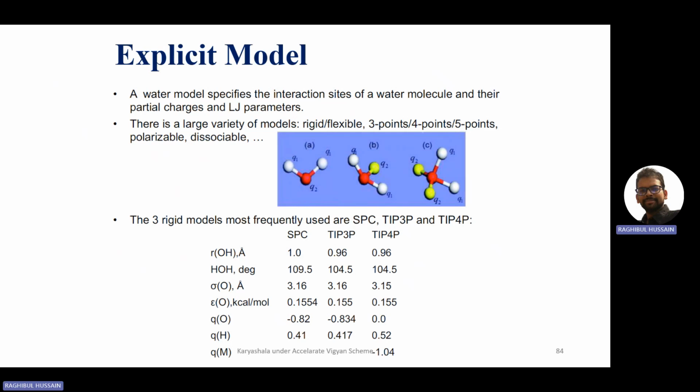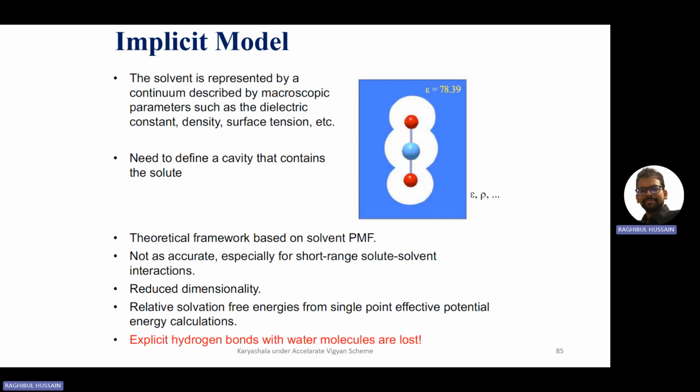The water model specifies the interaction sites of the water molecule and the partial charges and LJ parameters. There is a large variety of models in terms of rigidity or flexibility, how many interaction sites we consider, the polarizability, dissociability, etc. Some values like the equilibrium bond length and equilibrium angle are defined for various water models.